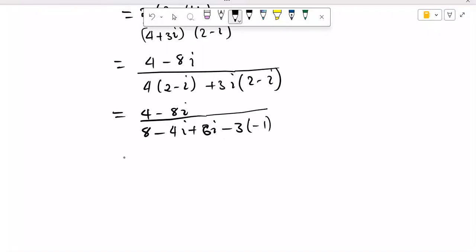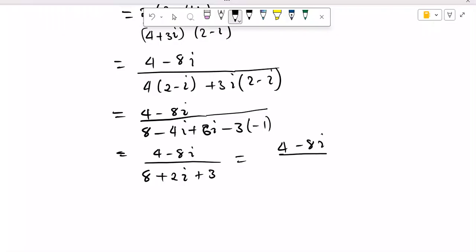Okay, so you have 4 minus 8i over, so negative 4i plus 6i, you have plus 2i. Then negative by negative is positive, so you have plus 3. So this is same as 4 minus 8i over 8 plus 3, which is 11 plus 2i.